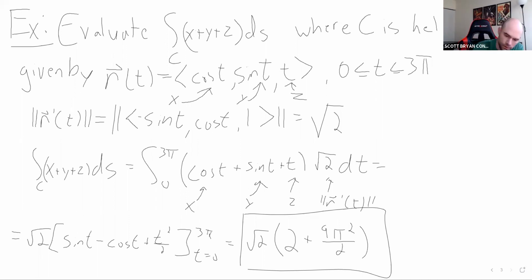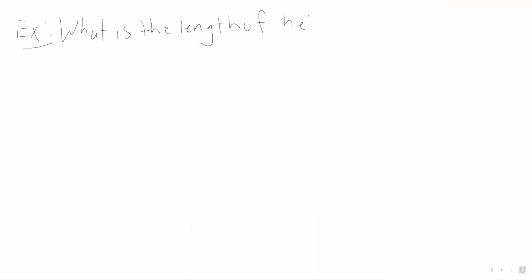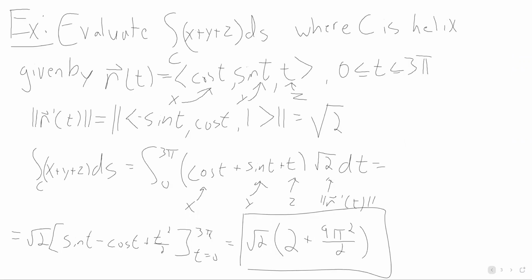Okay. So for that same curve, C, let's find the arc length real quick. So for that last example, did we just find the parameterization, or like what would this be? It was given to us.